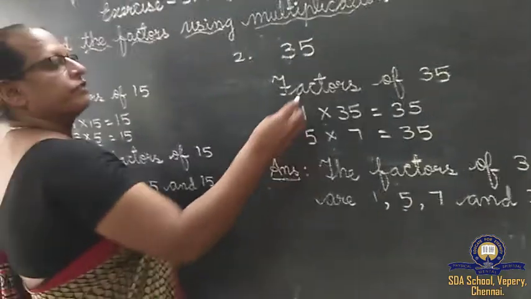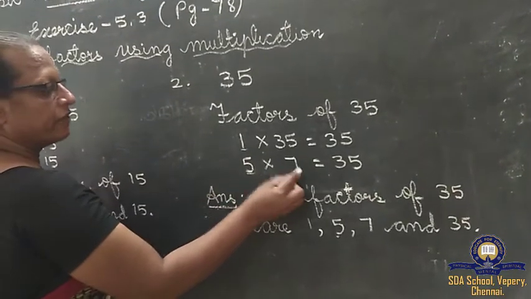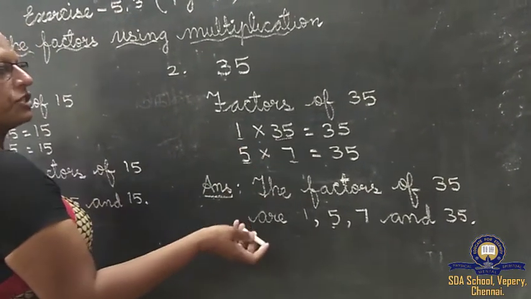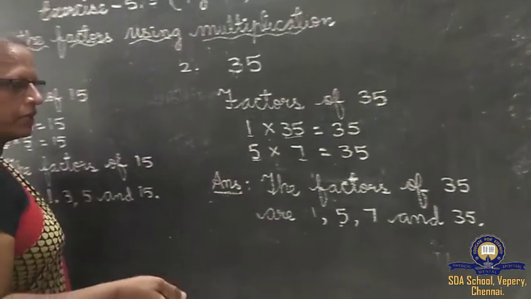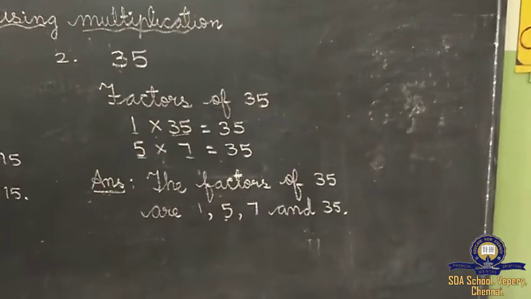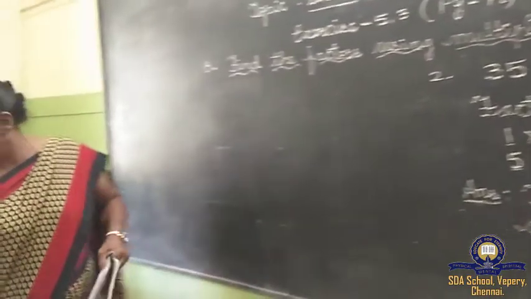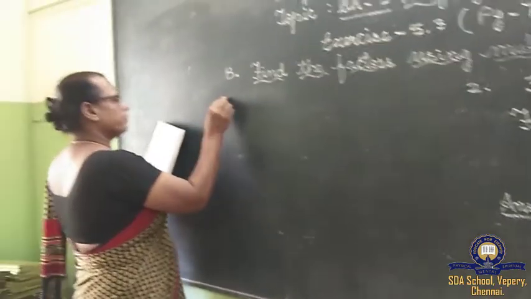What are the factors of 35? 1, 5, 7, 35. One more sum I will do for you, and I will give one sum for homework. One sum I will teach and the fourth sum will be homework. Yes, the third sum.